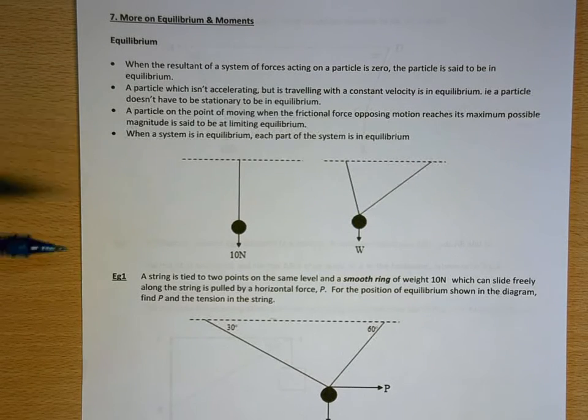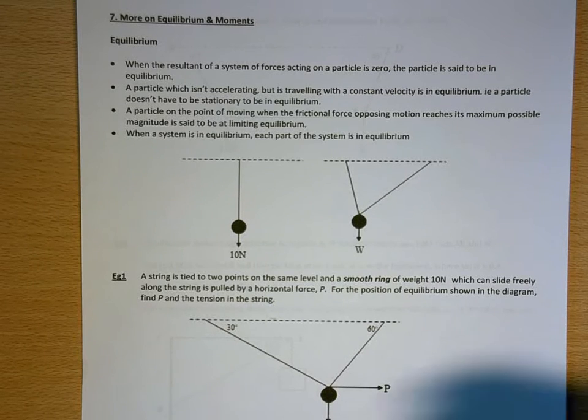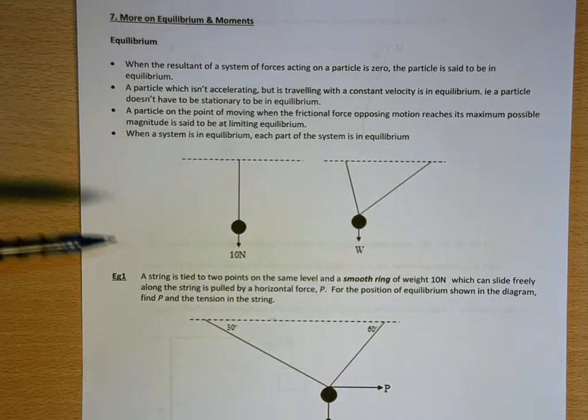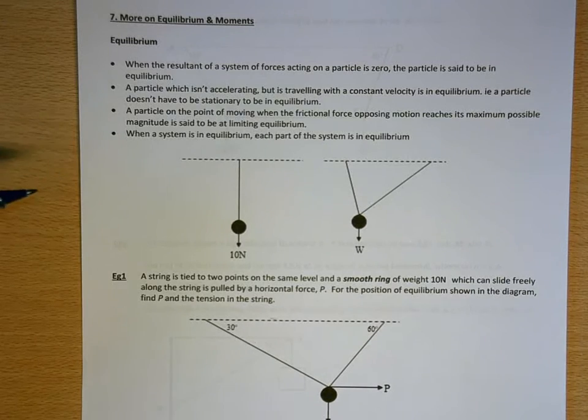So first one, which you would have met at AS, when a resultant of a system of forces is zero, the particle is said to be in equilibrium. So you might get a question where they ask you to resolve and then to reflect on what that resolving tells you. So if it worked out that the x and y resolutions ended up as zero, you could say that the particle is in equilibrium.